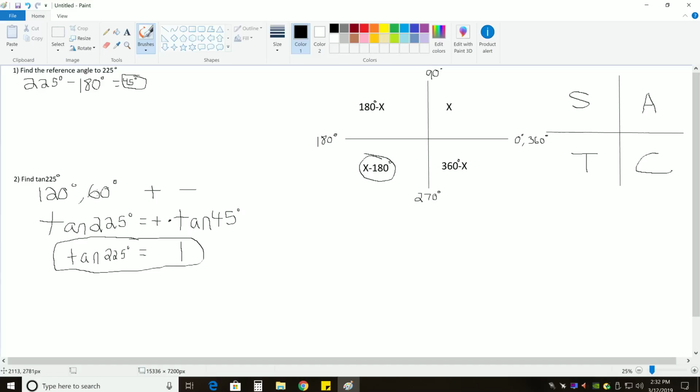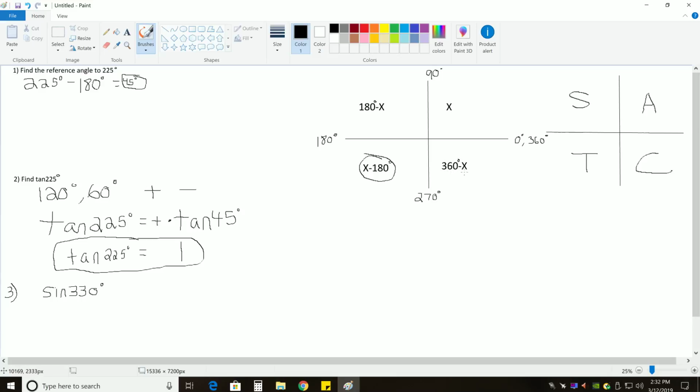Let's go ahead and try one more of these out. So a part 3, let's try sine of 330 degrees. So sine of 330 degrees, again, we need to start by finding our reference angle. In this case, it's not done for us in part 1. So 330 degrees, if we go to our chart, is located between 270 and 360, which means it's in quadrant 4.